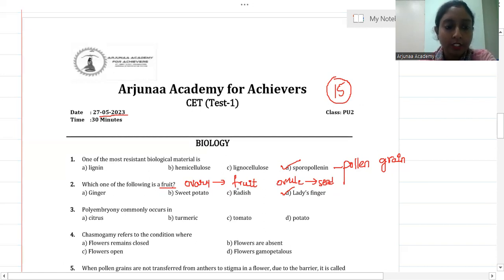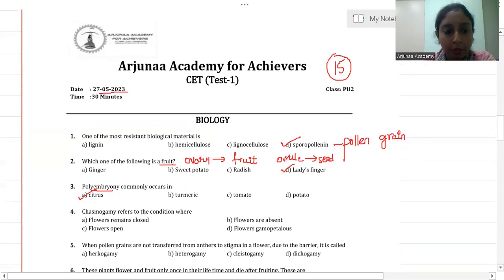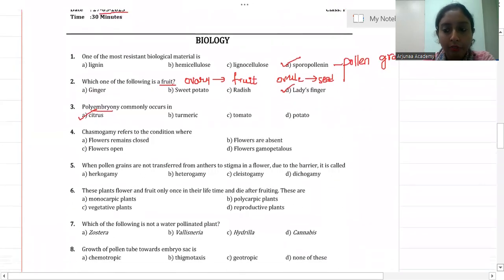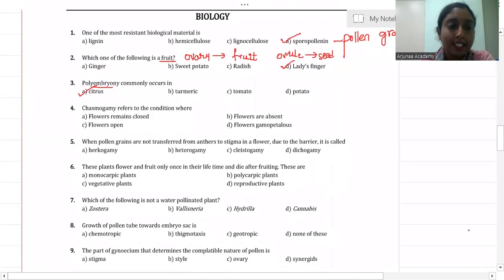Then third question, polyembryony occurs commonly in. Polyembryony means inside a single mature seed, we can see more than one embryo. That condition we call polyembryony, and generally we can see this in citrus fruits. Then chasmogamy. So chasmogamy means what? Flowers with exposed stigma and anther.